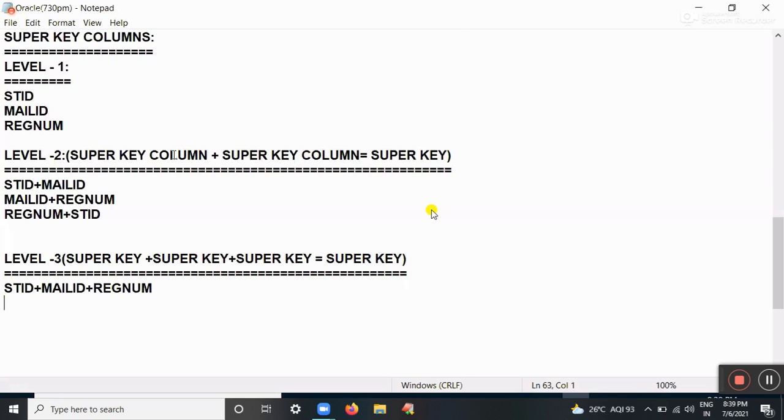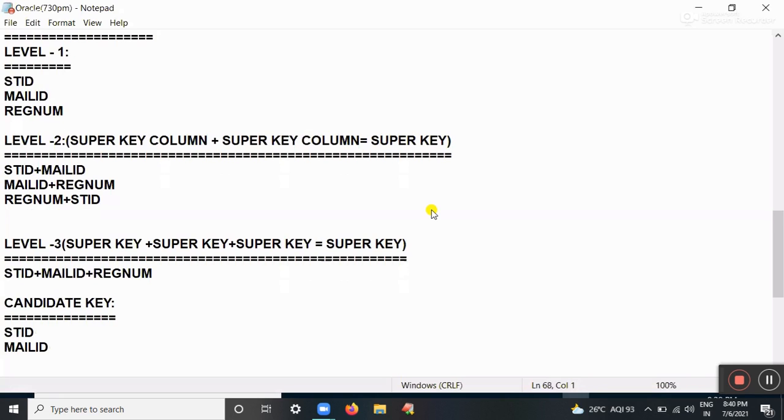But finally, the conclusion is what now? Observe. These super keys or candidate keys, whatever they are, finally are all called primary keys. So a primary key can be called a simple primary key, a candidate key, or a candidate primary key, or else a composite primary key, or else a super key.